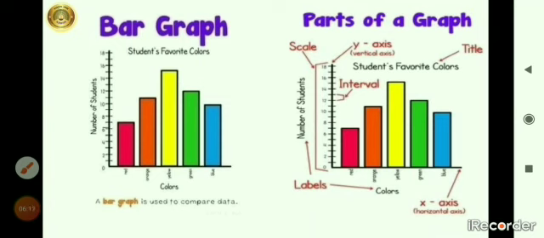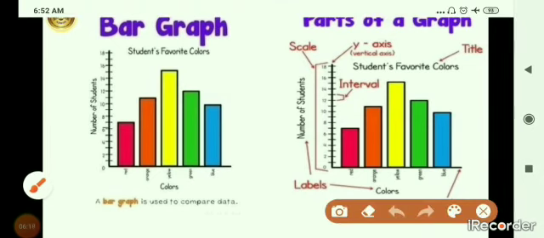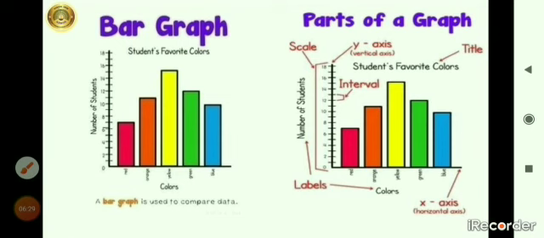Here you can see x-axis and y-axis. The horizontal axis is x-axis while the vertical axis is y-axis, and there should always be a title given to the graph so that one can understand the subject.